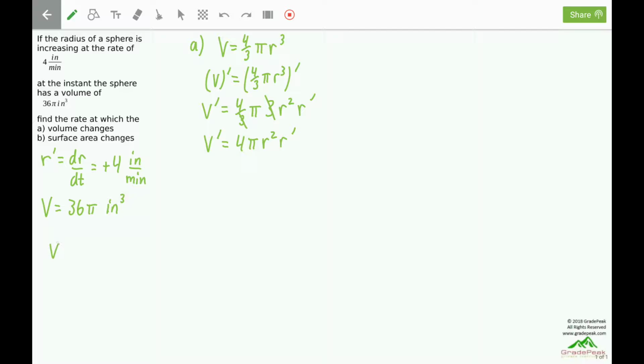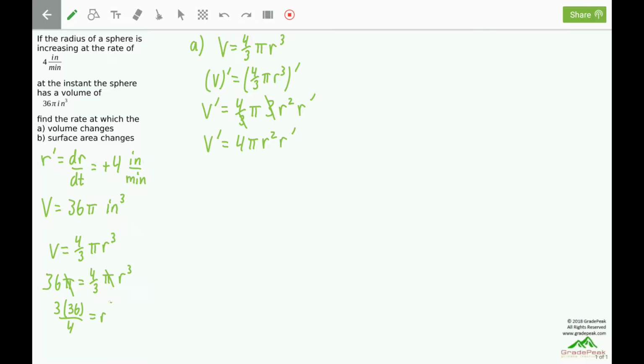We have the volume equals 4/3 pi r cubed. Therefore, 36 pi equals 4/3 pi r cubed. We can cancel the pi's out on both sides. And now we can multiply both sides by 3. So we'll have 3 times 36 and divide both sides by 4.